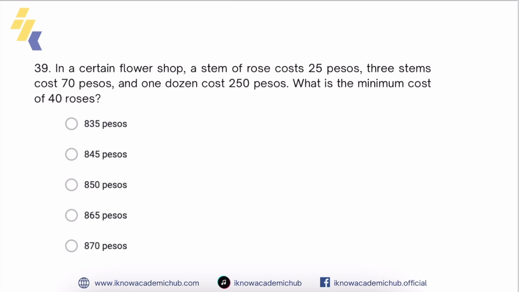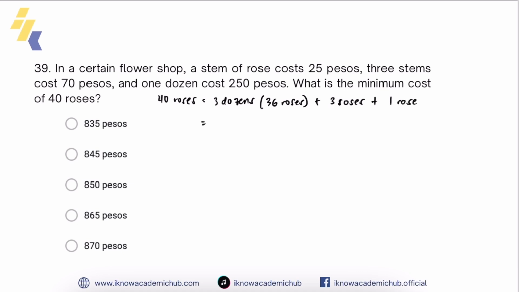So we have 40 roses here, and as the number of roses increases, the cost decreases. So we have here 3 dozens, which is equivalent to 36 roses, plus 1 set of 3 roses, and there is a remaining stem of rose.